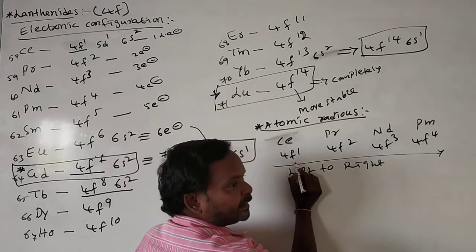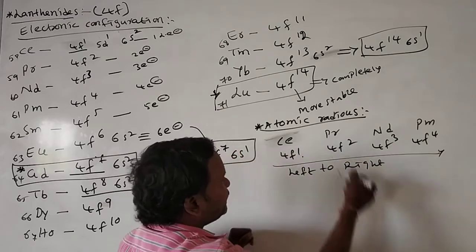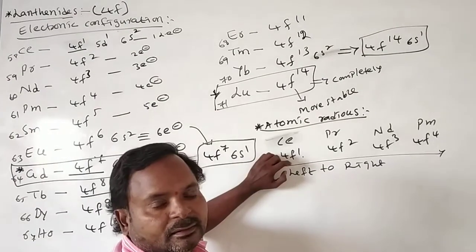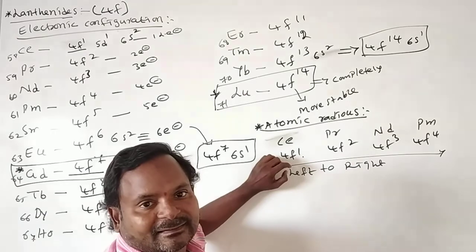See, while moving from left to right, the differentiating electron enters only the 4f orbital. As the differentiating electron enters only one orbital, the nuclear charge increases.